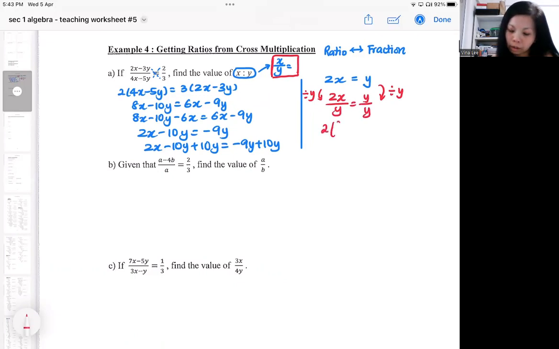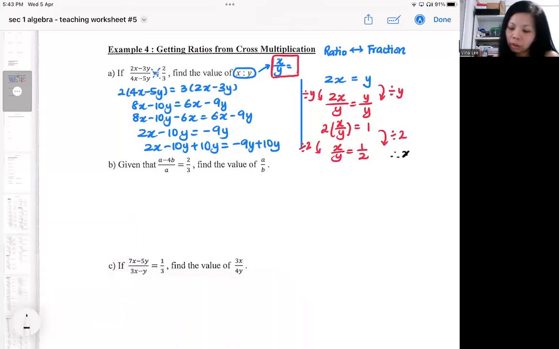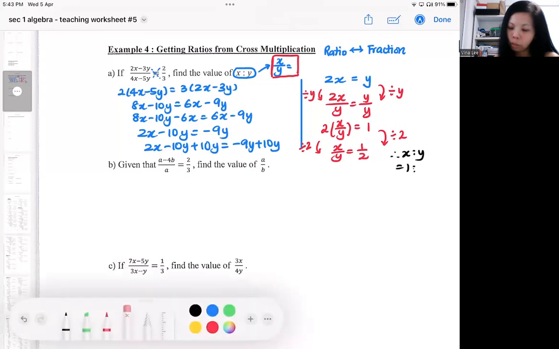So you will get this equal to 1. Remember, your job is to get x over y. So now you're going to divide by 2 on both sides, and you will get 1 over 2. Because the question asked in a ratio format, I will reply in a ratio format. So x is to y is 1 is to 2.